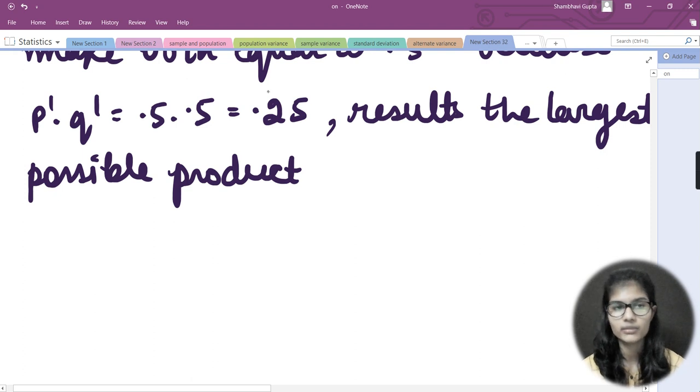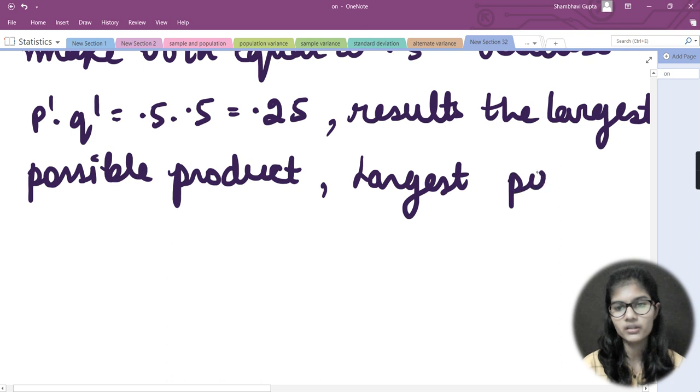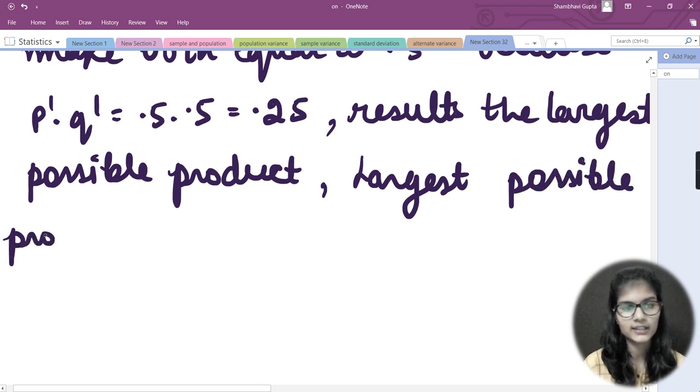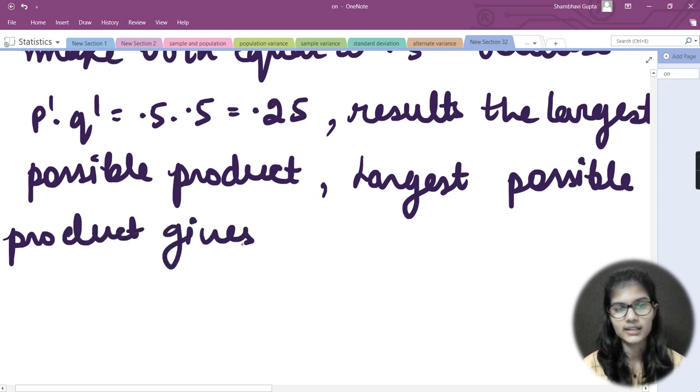Now, what is the motive behind taking these? I would write here that the largest possible product gives the largest n, that is my largest n value.